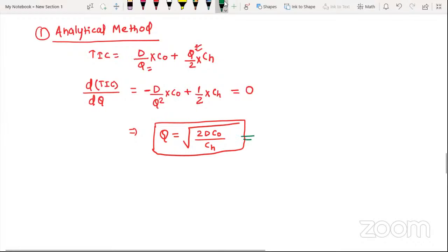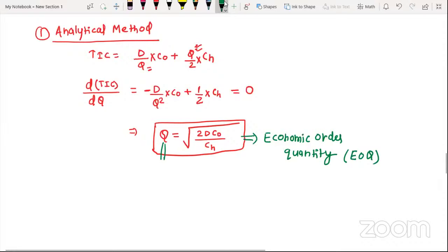This Q is known as the optimum order quantity or economic order quantity. In short, it is also known as EOQ. And now this Q, since it is economic, or you can say optimum.